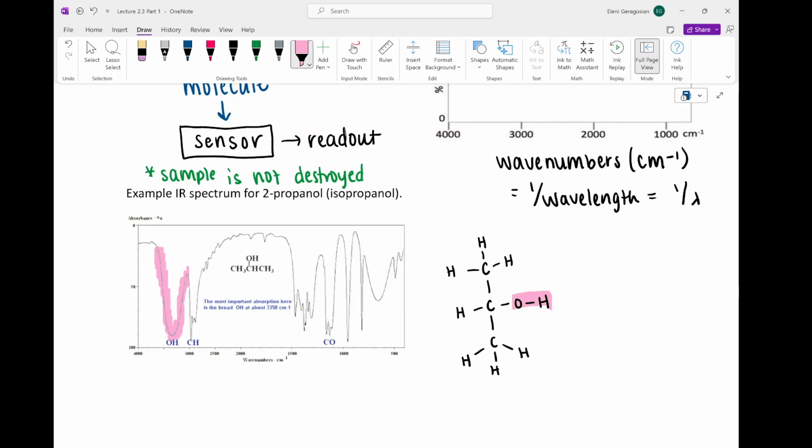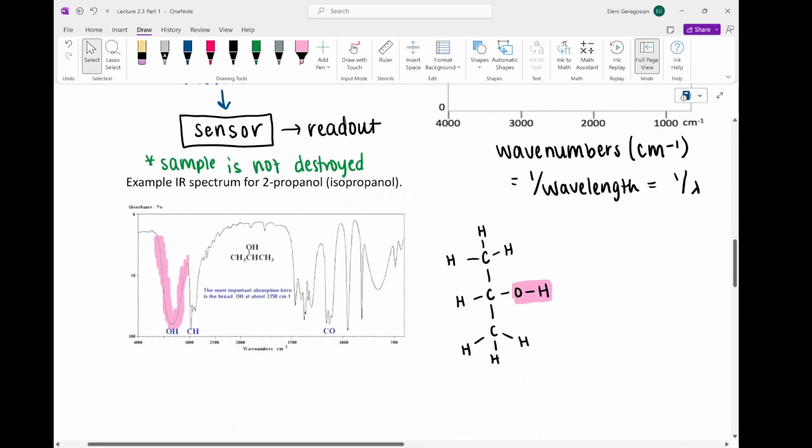The bond between oxygen and hydrogen can absorb IR energy at about 3,500, a little bit less than 3,500 wave numbers. That energy it will absorb, and so the percent transmittance decreases at that point because of the OH group present in that molecule.